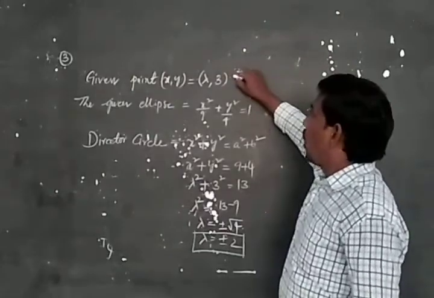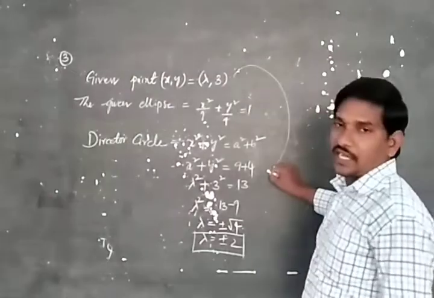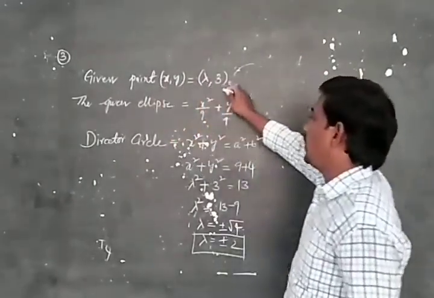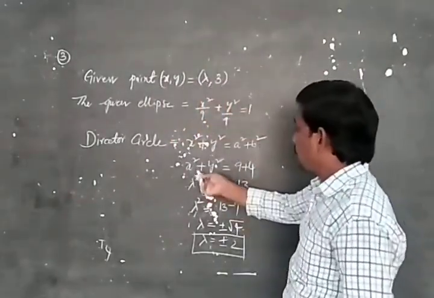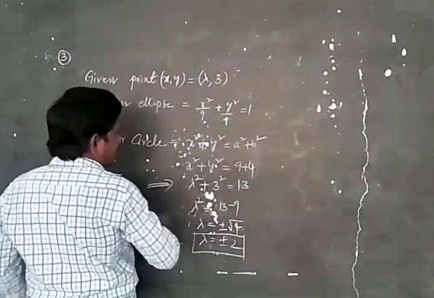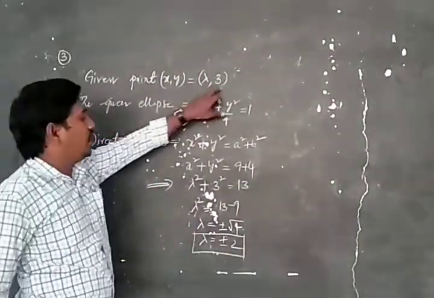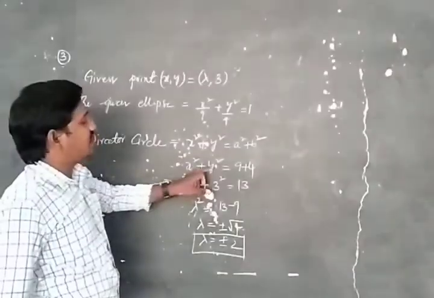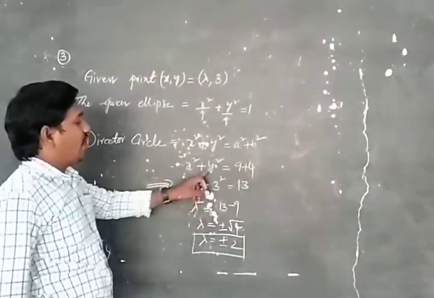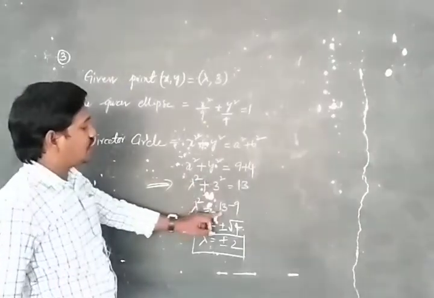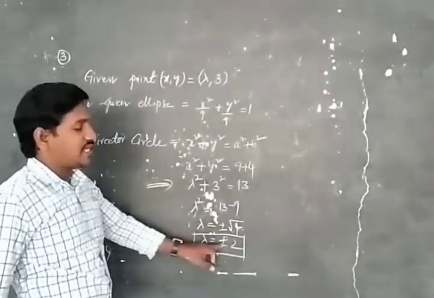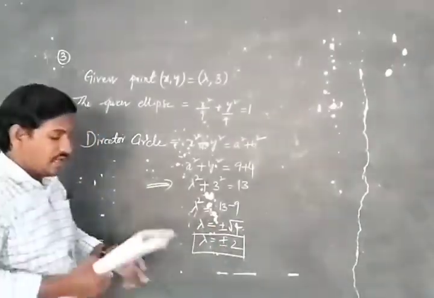So this point should satisfy the director circle, because the given point is (lambda, 3). Substituting in x square plus y square equal to 13, lambda square equal to 13 minus 9, so lambda equal to plus or minus 2. So this is the answer.